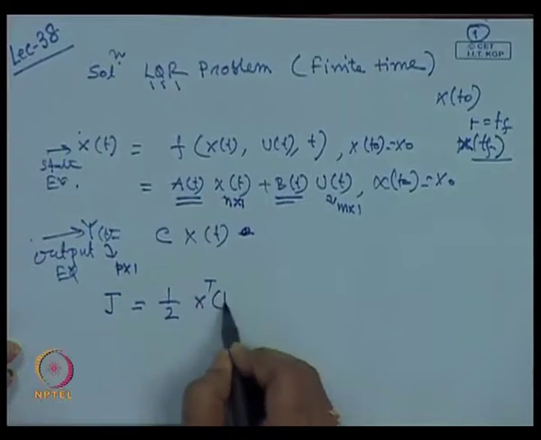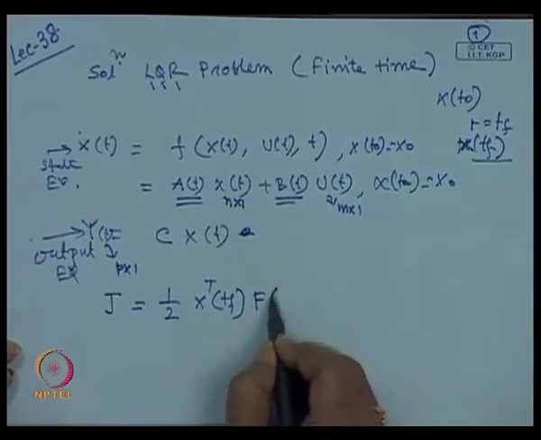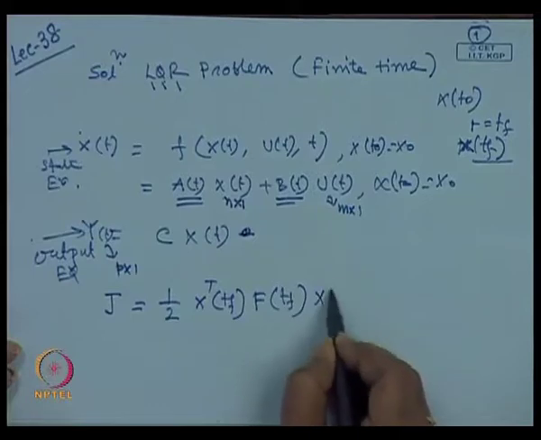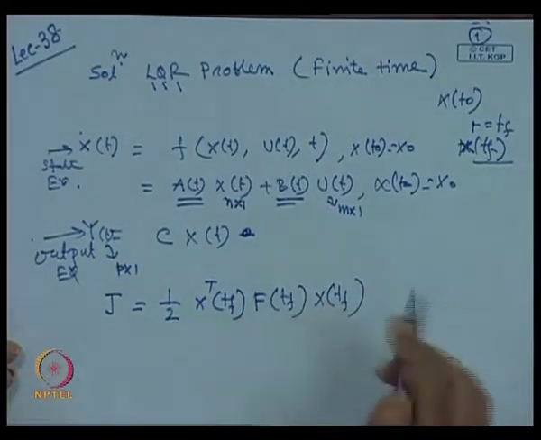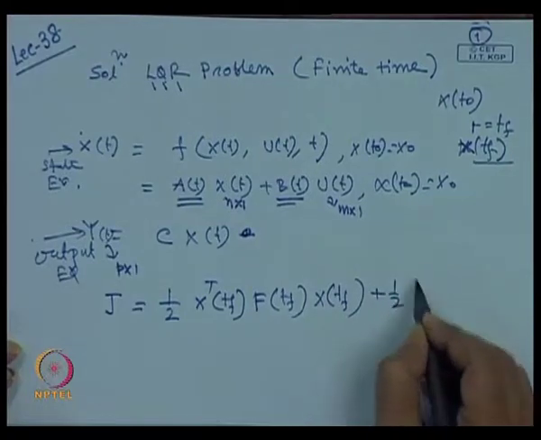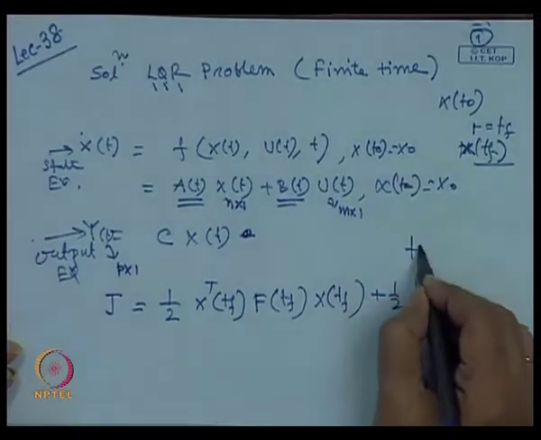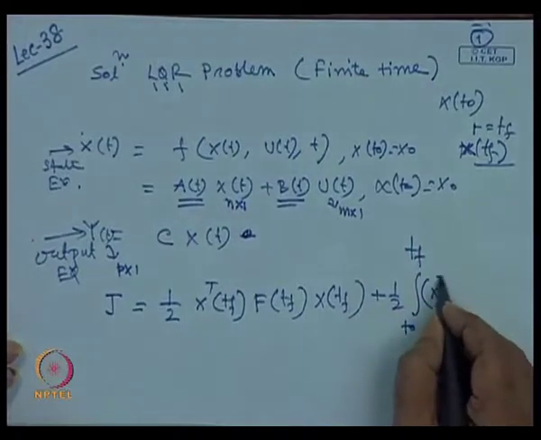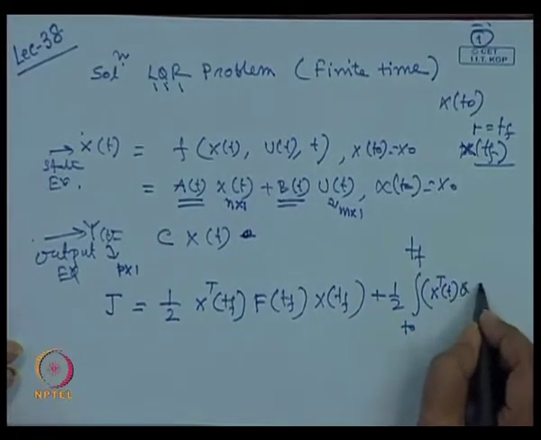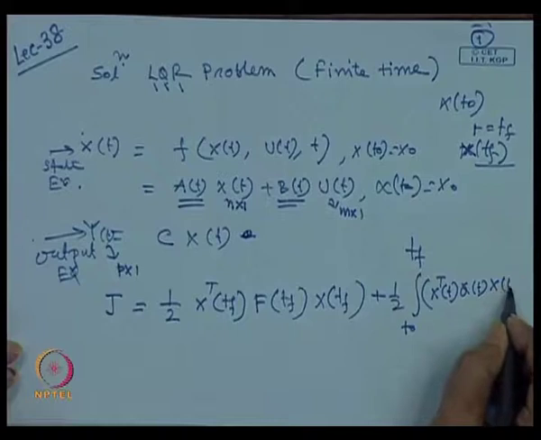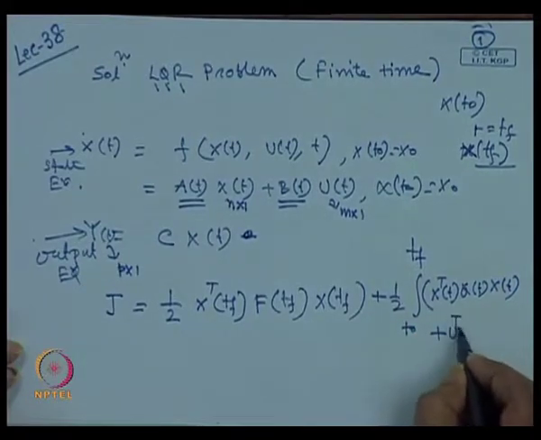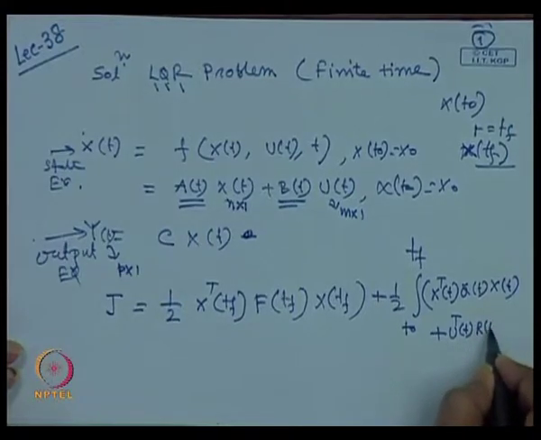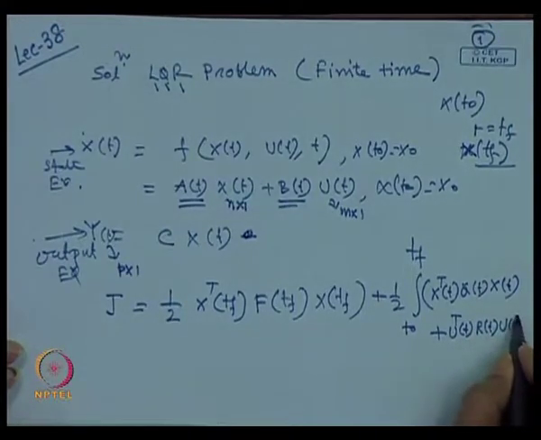So, this is the terminal cost, which is F of t f, x of t f, a quadratic form in the state at time t equal to t f, plus half integral t 0 to t f of x transpose of t Q of t x of t plus, this is inside the bracket, u transpose of t R of t u of t, bracket closed, dt.